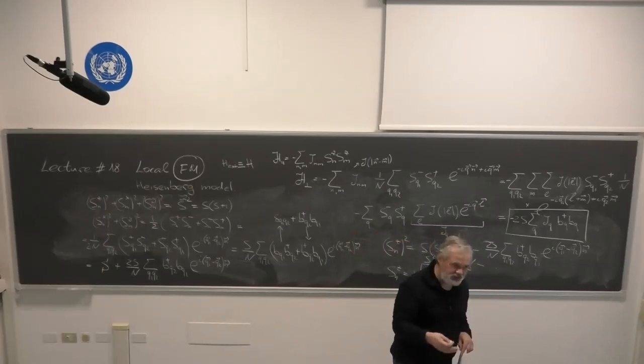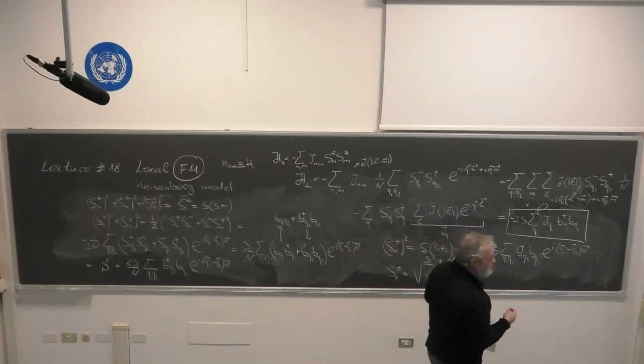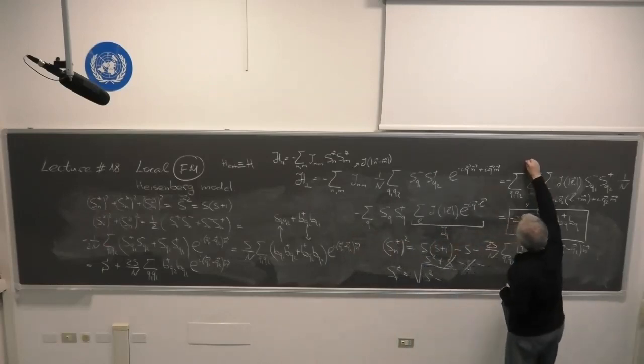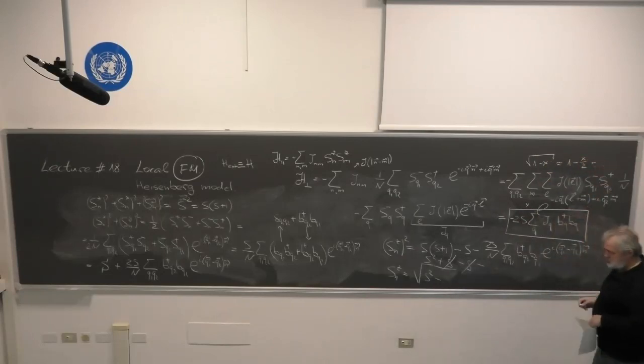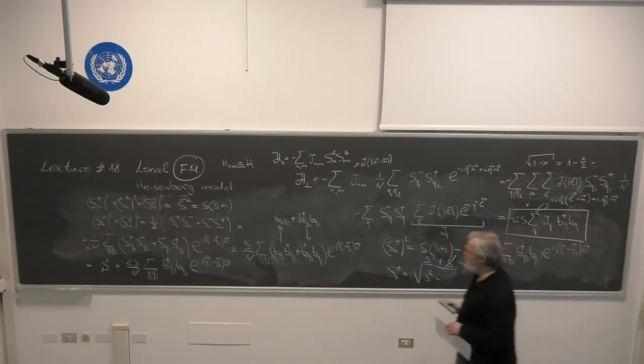If this density is sufficiently low, I can Taylor expand the square root. I remind you that the square root of 1 minus x is approximately equal to 1 minus x/2, and so on and so forth. And this is what I'm going to do.